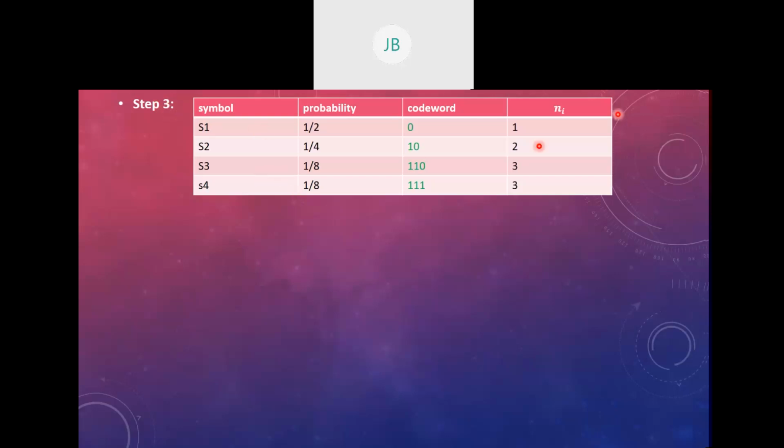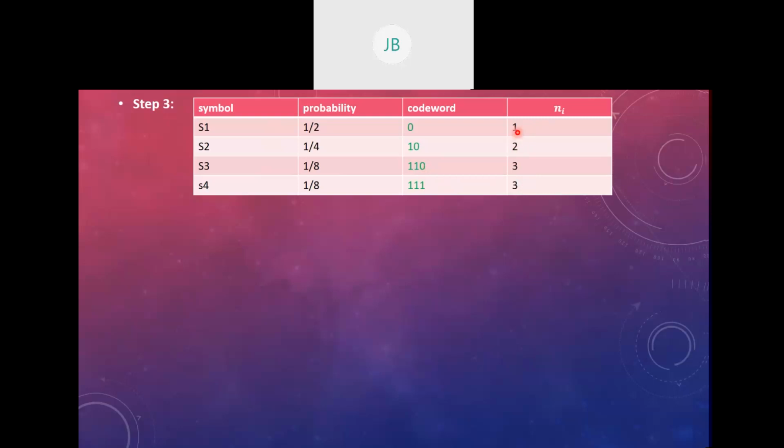So in this step, we have the code words as shown here. For example, the different symbols and probabilities and the code words what we have discovered in the previous step, and NI here indicates the size of the code word or the length of the code word.